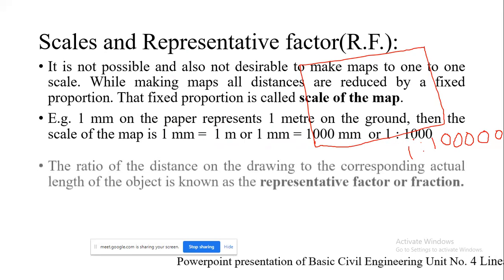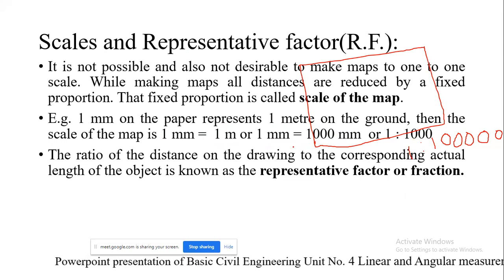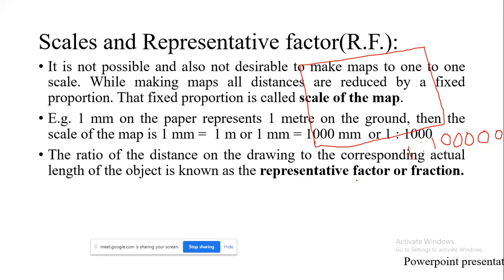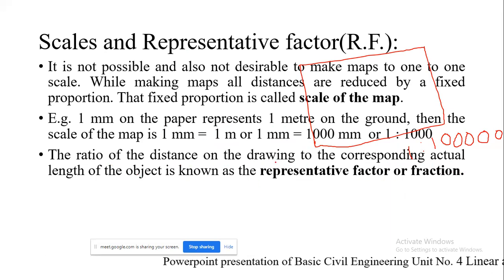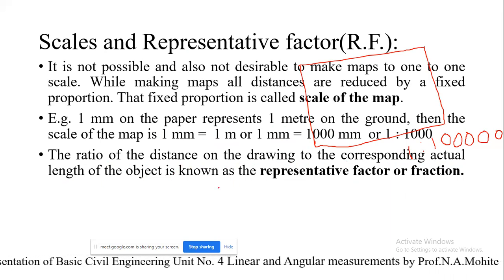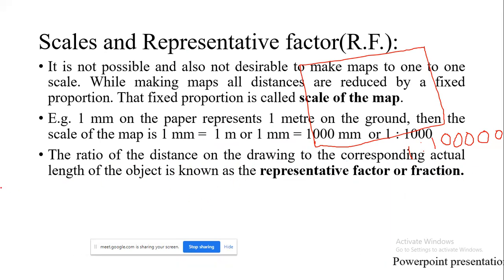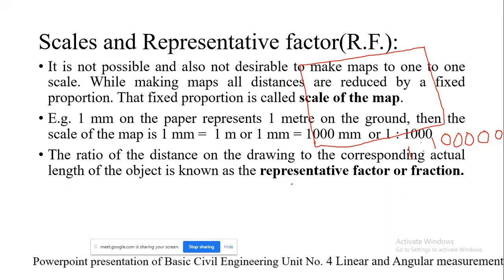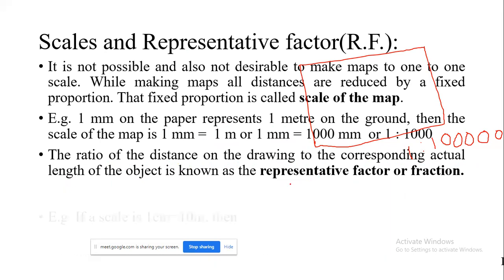The ratio of the distance on the drawing to the corresponding actual length of the object is known as the representative factor or fraction. The distance on the drawing means on the drawing sheet, and the corresponding actual length of the object on the ground, when represented using this scale, is your representative factor.